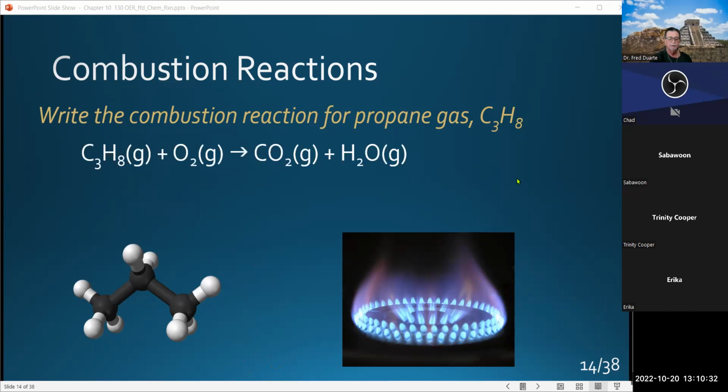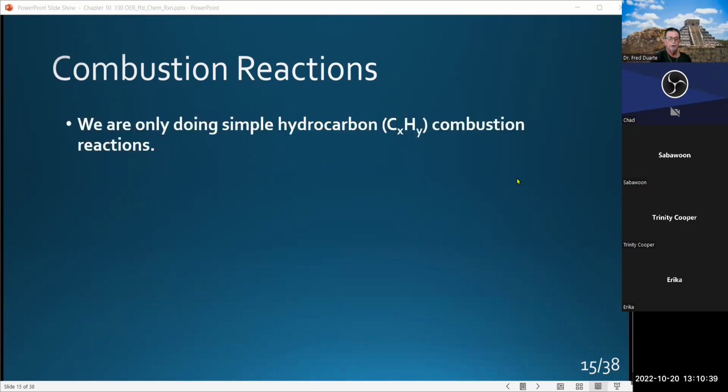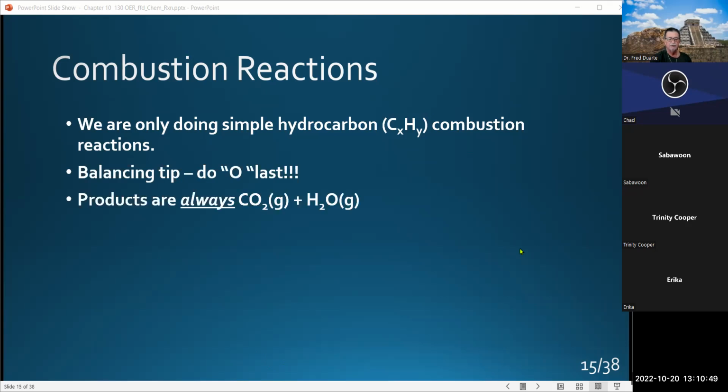All right, so here's the reaction we just wrote, and then here's the balanced chemical equation, okay? All right, so combustion reactions, the points we had just talked about, is we're only going to do simple hydrocarbons. As far as balancing, do the carbon first, followed by the hydrogen, then last are the oxygens. And remember that oxygen is always a reactant.